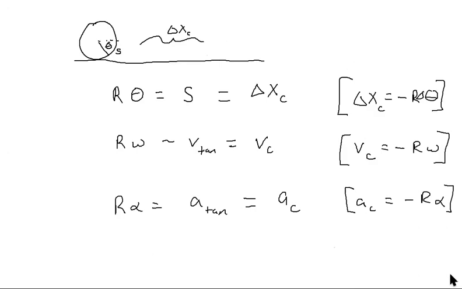The next scenario I want to discuss will happen when we have a pulley, or some sort of rigid object that can rotate. We're going to imagine that we have a rope which is wound around it many, many times, and we're going to assume that the rope is not able to slip.